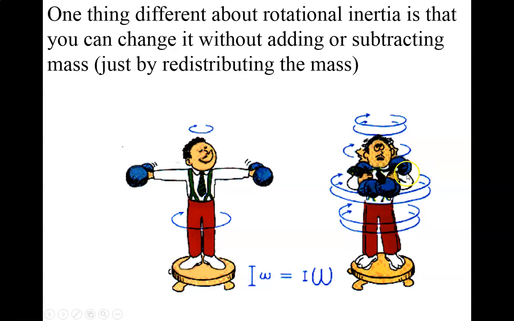As you bring the mass towards the rotational axis, you decrease the rotational inertia. So, large inertia, small inertia. Now in order for momentum to be conserved, when my rotational inertia goes down, my rotational velocity must go up. So their radians per second increases when they bring their arms in.